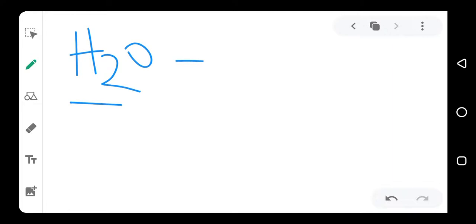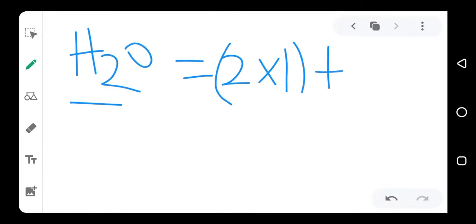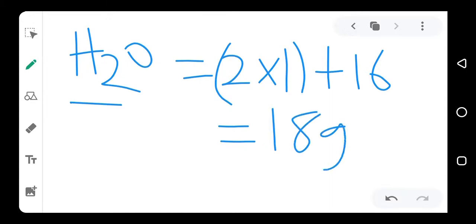So for water, we have 2 hydrogen atoms, and 1 hydrogen atom weighs 1 gram. That is the atomic mass of hydrogen atom, plus oxygen atom, which is 16. So 2 times 1 is 2 plus 16, which is 18. So 18 gram is the molar mass of water molecule, of 1 mole of water.